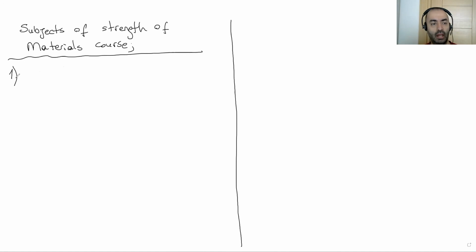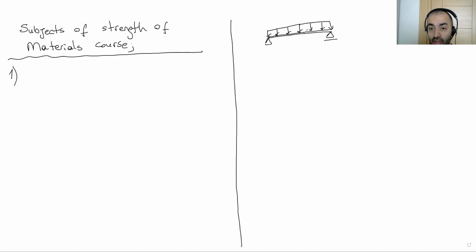Design means, let's say we have a beam. By the way, let me explain that here. Let's say we have a beam here. This is a simple beam. On top of this beam, we have a uniform distributed load, as you can see here.